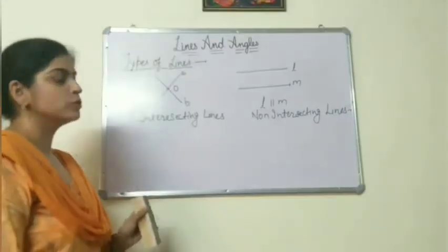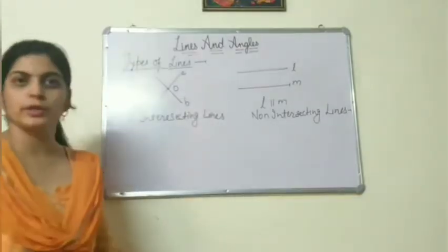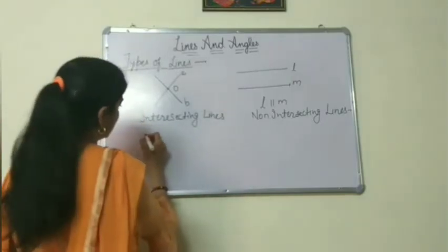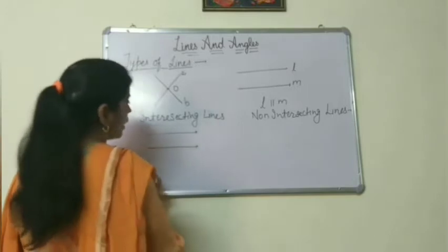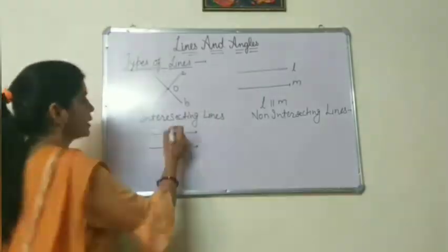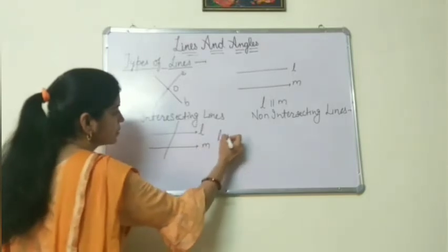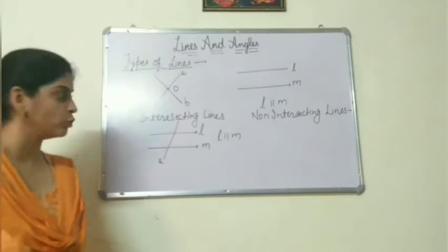There are many types of angles formed by the intersecting and non-intersecting lines, such as if two lines are parallel and any third line is intersecting them. Here L and M are parallel lines and the line A is intersecting both of them.